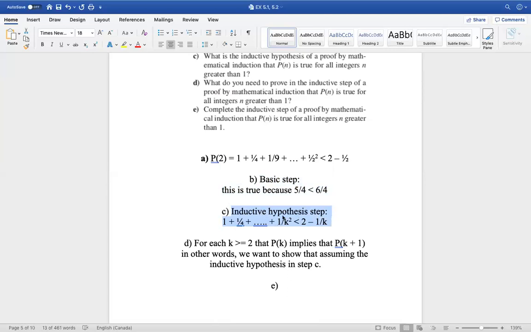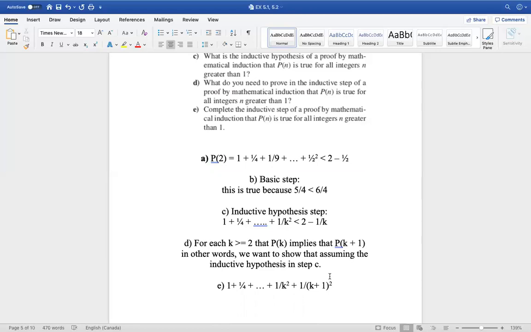And the inductive hypothesis here. What we have defined here is for k, so we have 1 plus 1 over 4 plus ... plus 1 over k squared, plus the next one will be 1 over (k plus 1) squared.